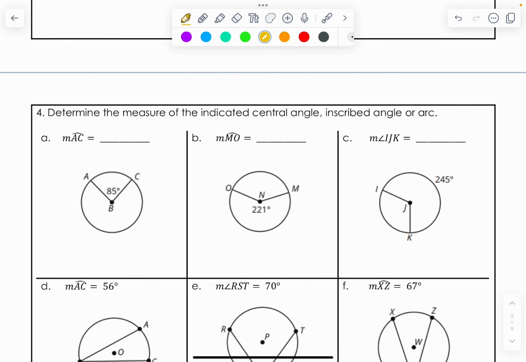Determine the measure of the indicated central angle, inscribed angle, or arc. So we have the measure of arc AC, and it should be the exact same as the central angle that intercepts it. So that's going to be 85 degrees.